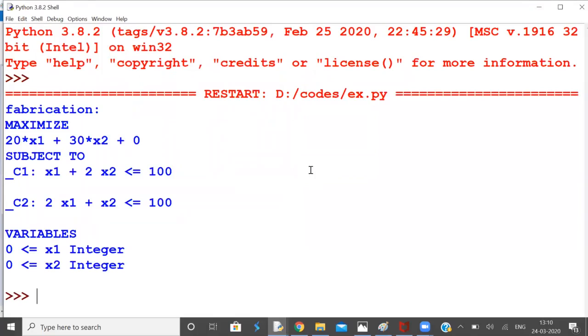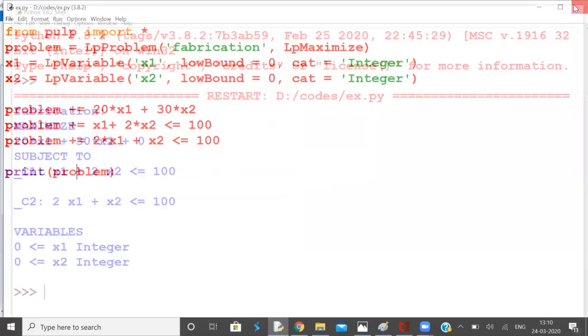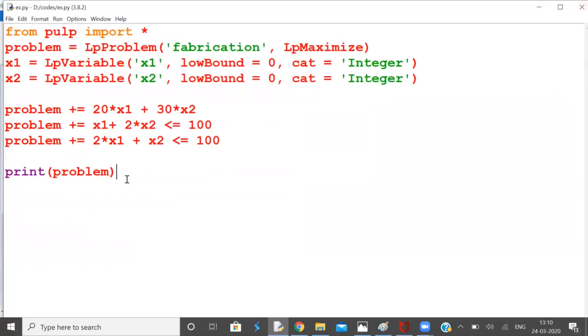So the problem is found. 20x1 plus 30x2 is the objective function, then constraints, then lower bounds. Now, solve the problem by using the method solve.